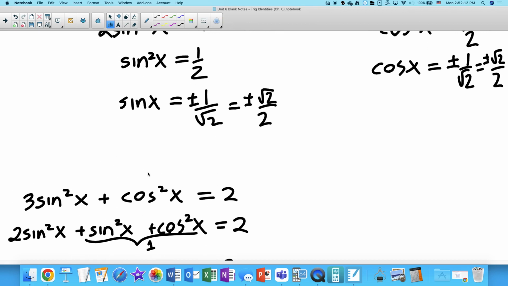So the reference angle that has a trig ratio of root 2 over 2 is pi over 4 or 45 degrees, right? So if you think about this in terms of the coordinate plane, CAST, right? We have the positive and the negative. So it's going to be in all 4 quadrants.